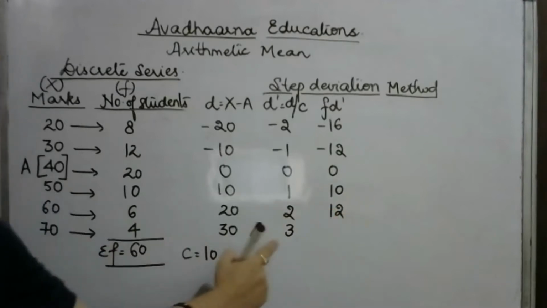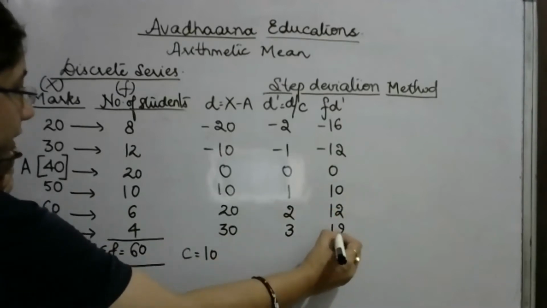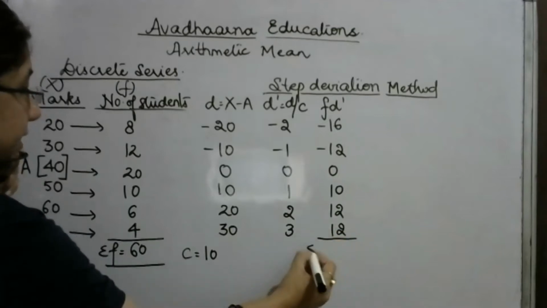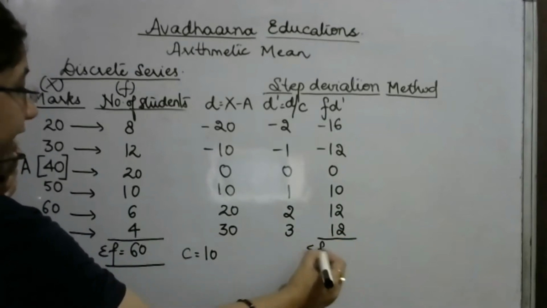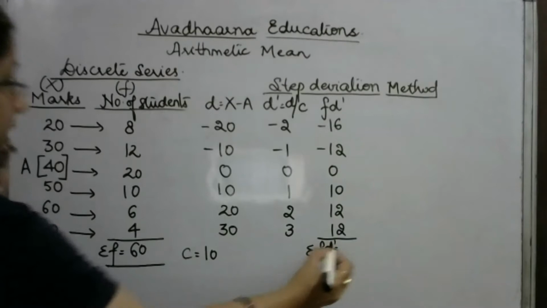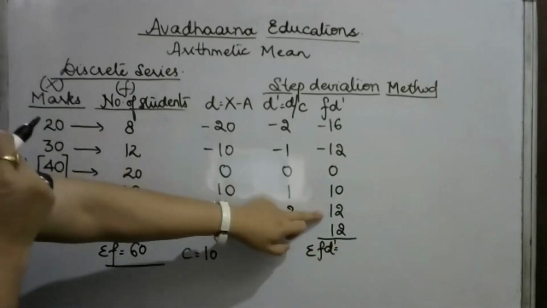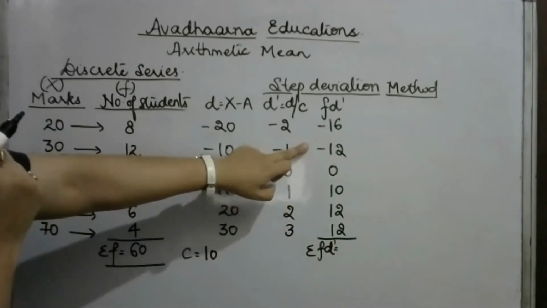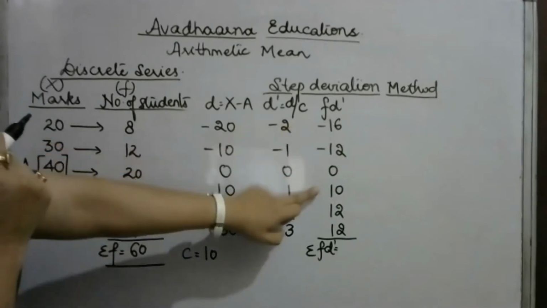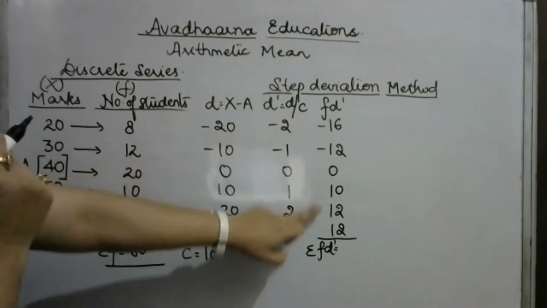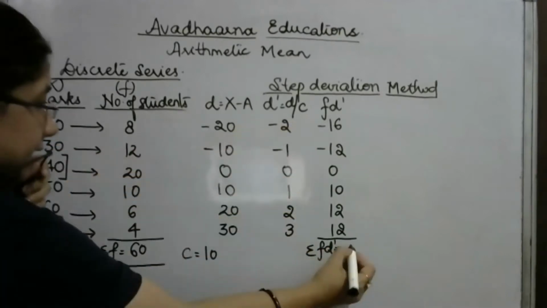And 4 multiplied by 3 is 12. So if I take summation FD dash, it will be, see, 12 minus 12, 0, -16 plus 10, -6, and -6 plus 12 will be 6.